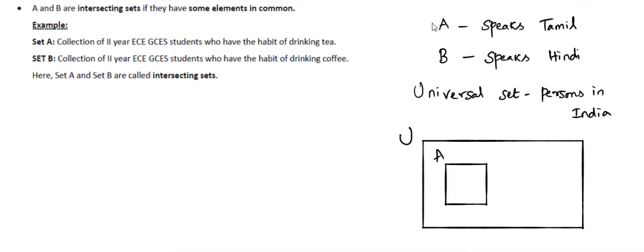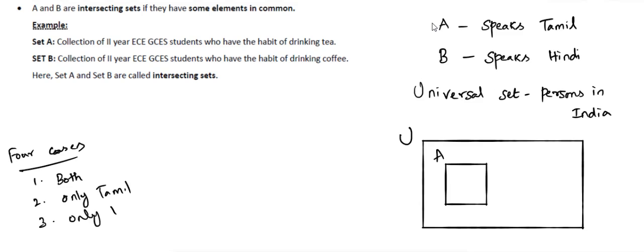See, there are persons who speak both Tamil and Hindi also. There are 4 cases. First, they speak both languages; second, only Tamil; third, only Hindi; and fourth, nothing.